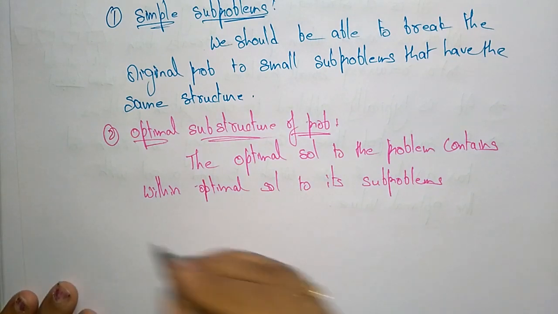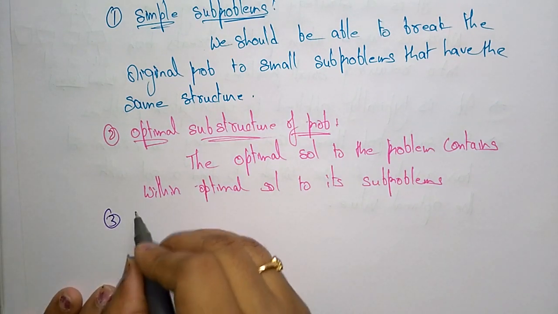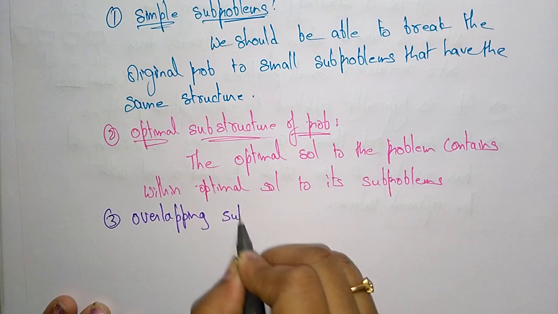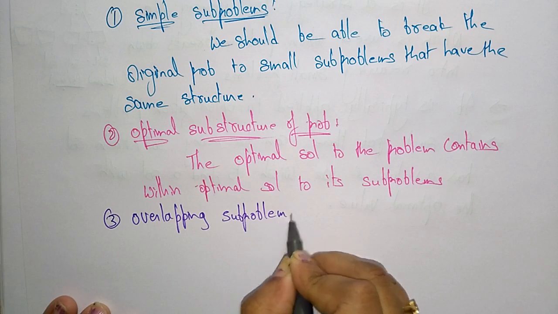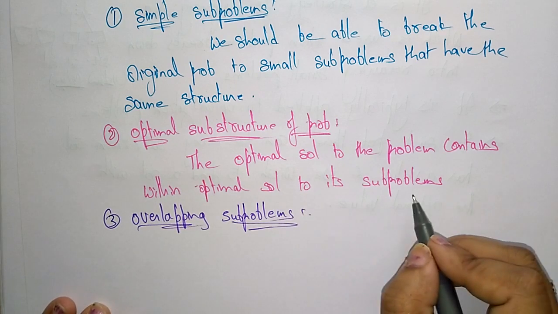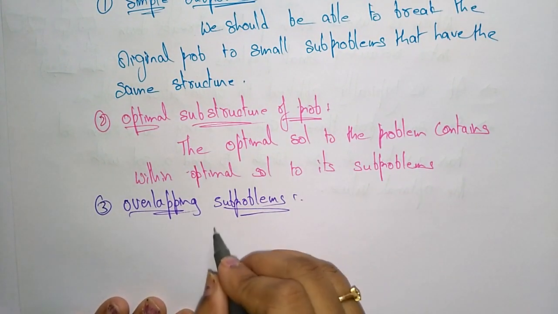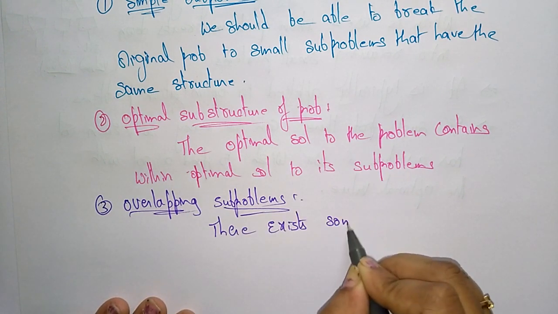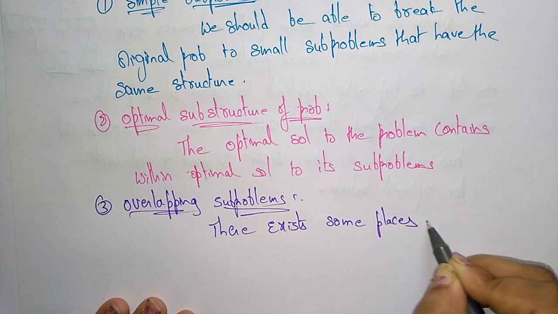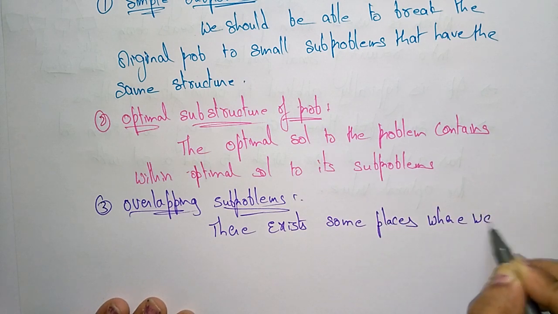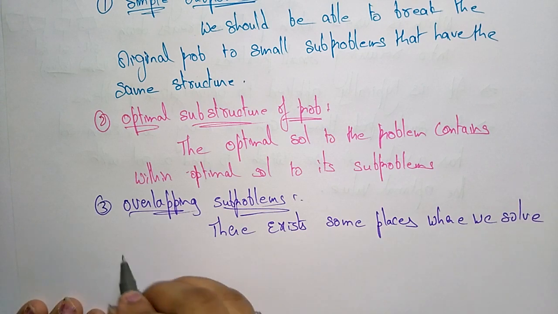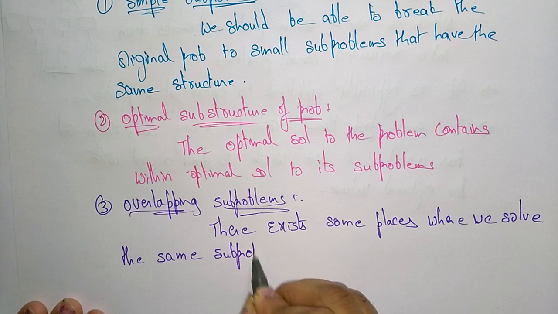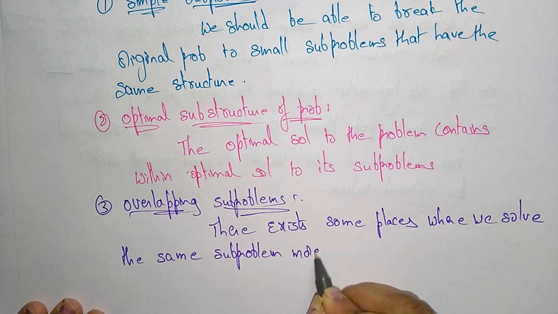Now coming to the third one. What is the third element? That is overlapping subproblems. What do you mean by overlapping subproblems? There exist some places where we solve the same subproblem more than once.